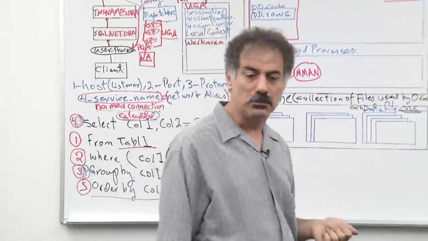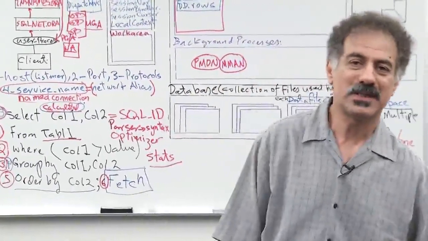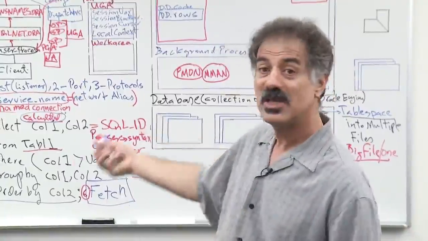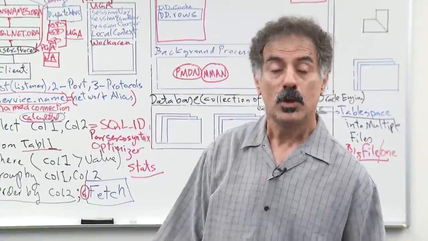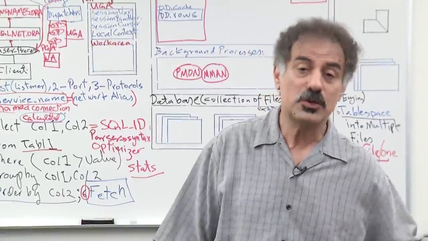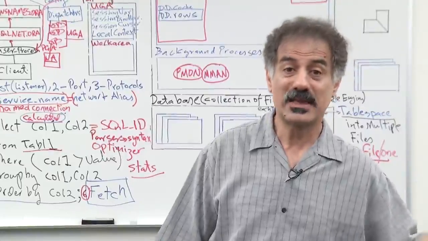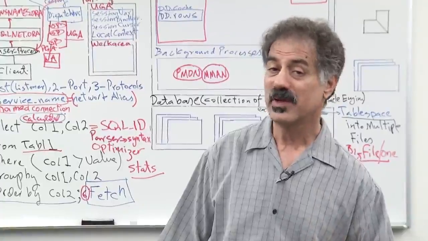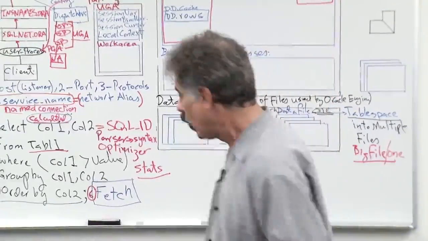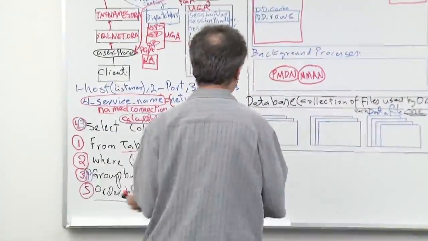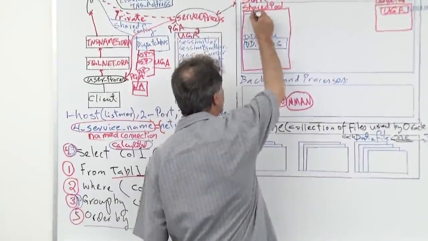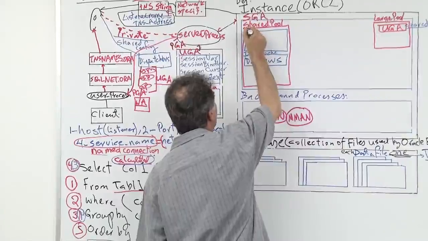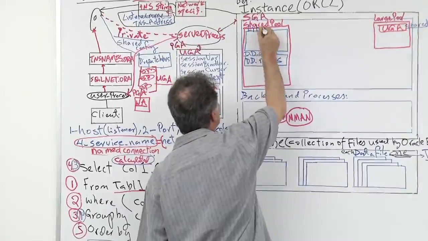After I get the data, I read part of the data, I forget part of the data, right? I may execute the same select statement again. Not just me. Other sessions may also execute the same select statement. And as we said, generating an execution plan can be very costly. So, once an execution plan is generated, we have another structure here in the shared pool that is called the library cache.